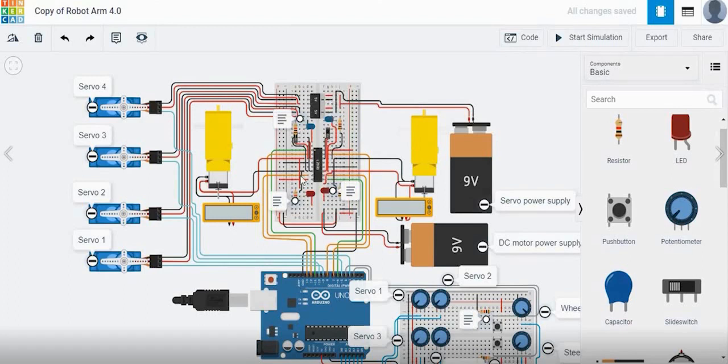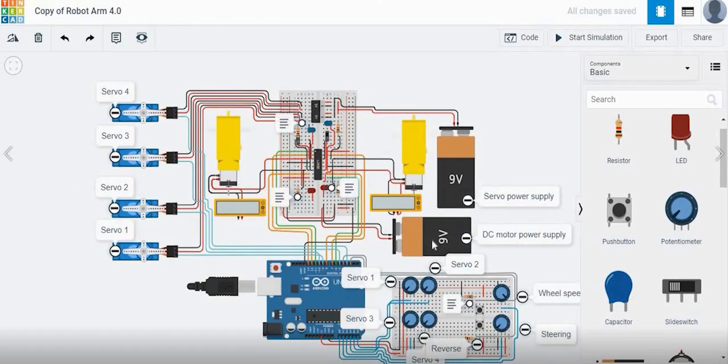This is to ensure that our motor driver will not overheat, because the weakness of the motor driver is that if it is overheated, it will fail. And this motor driver will control the output of the DC motor, which we will see later in the simulation.